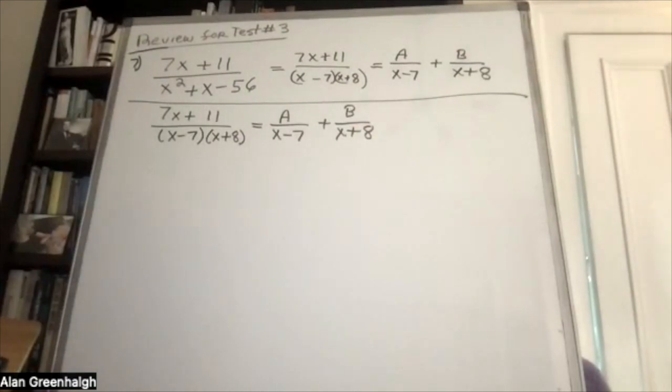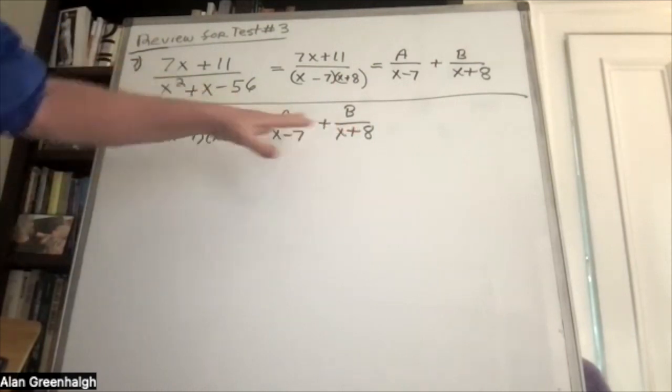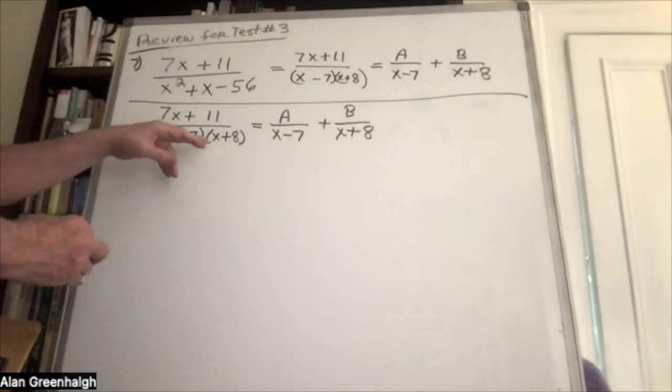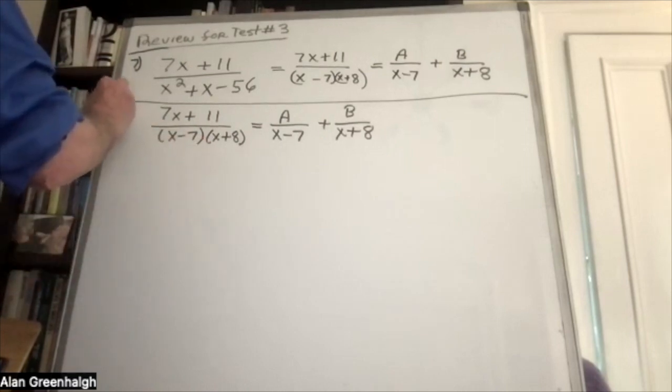And of course, now we want to find the least common multiple so that we can get rid of the denominators. That always seems to be part of a lot of problems here, is finding the least common multiple to get rid of the denominators. So the least common multiple has to be a combination of both of the denominators.